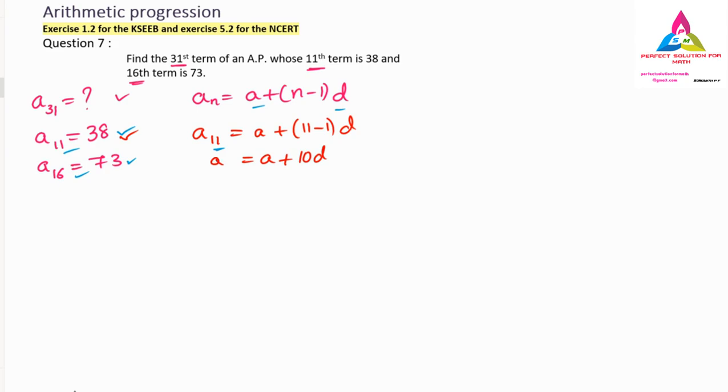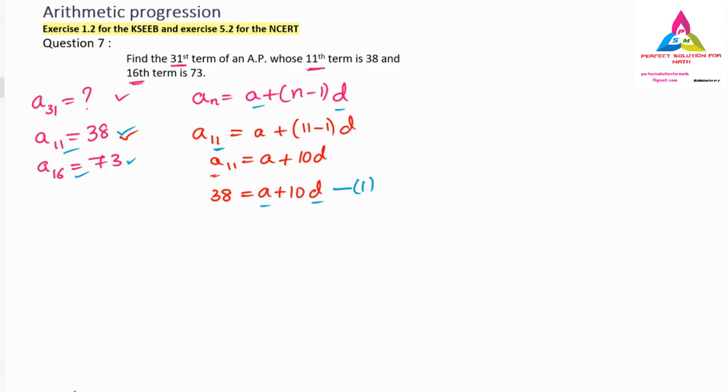We can apply the formula or we can write down directly also. Now we will substitute the value of A11. A11 value is nothing but 38. So 38 is equals to a plus 10d. See here, the a value and d value are not known for us. So we will take this as an equation, that is equation 1.